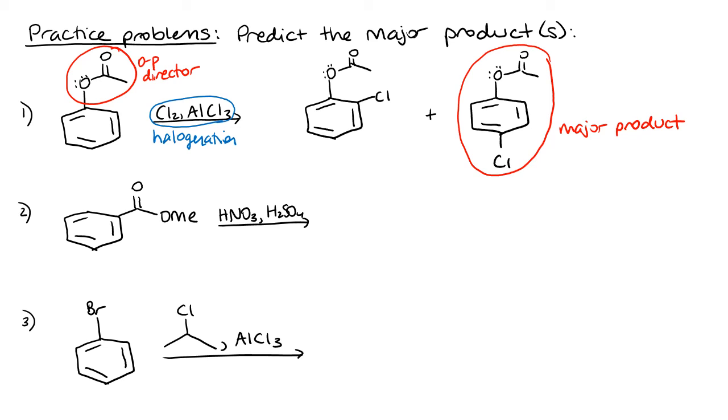Now in our second problem, focusing on the group we have attached to the benzene, this time we have a carbonyl that's directly connected to our benzene ring. So this is an electron withdrawing group, which is going to make it a meta-director. Now we're reacting this molecule with reagents of nitric acid and sulfuric acid.